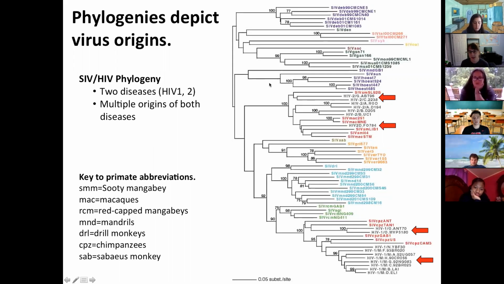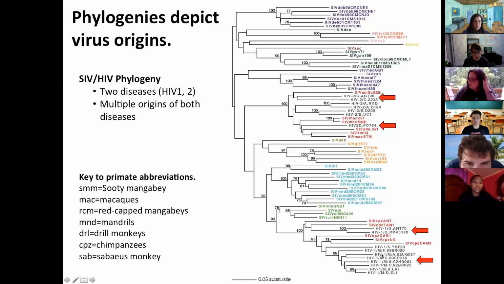What you see is that the arrows point out the places on the tree where HIV shows up. You can see here we have one arrow indicating HIV2, another arrow down here indicating HIV2, and then at the bottom of the tree, HIV1, and that shows up twice as well. So what this is telling us is not just that the source of our virus is a primate, but that it's coming from different primates.